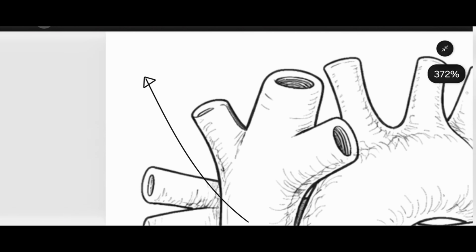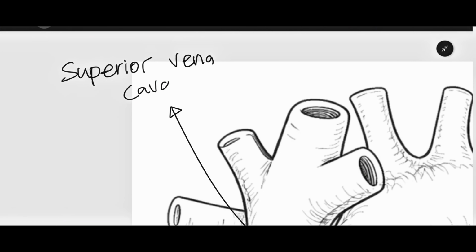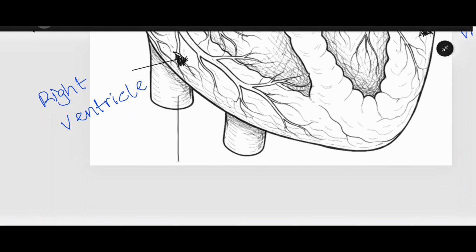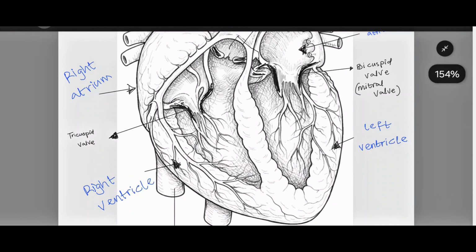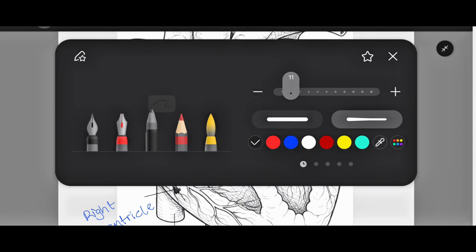So this vena cava up here, we call the superior vena cava, and the one down here is the inferior vena cava, but you can just refer to it as vena cava because they are both vena cava.